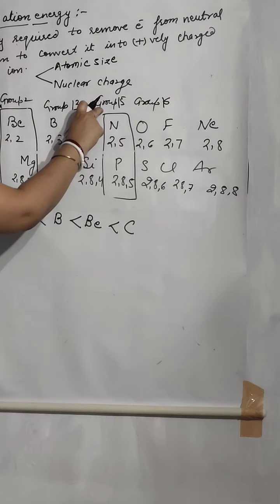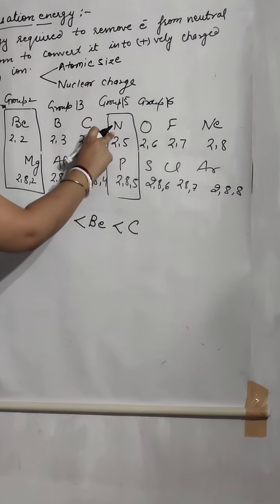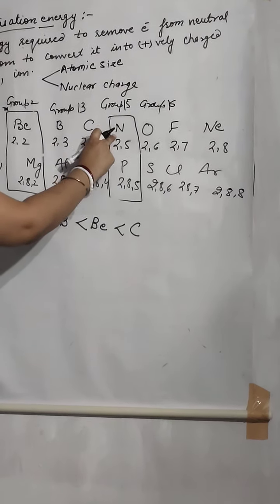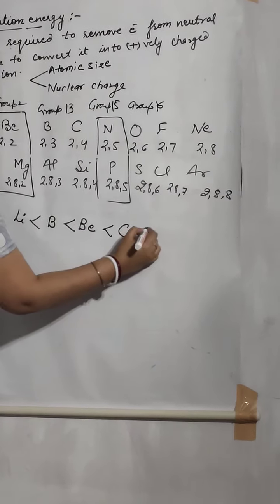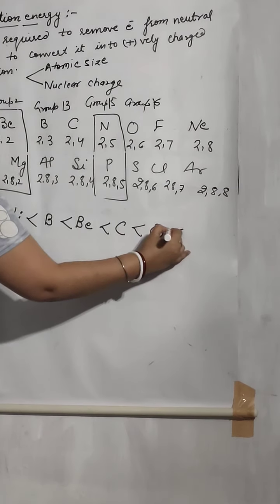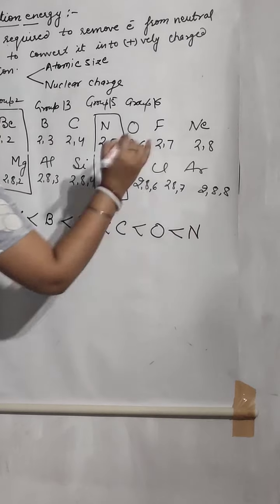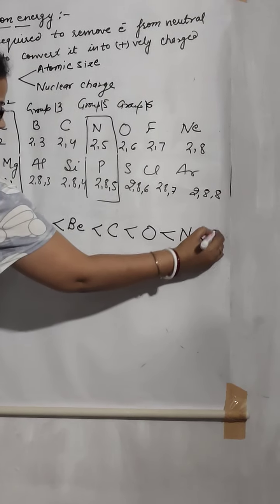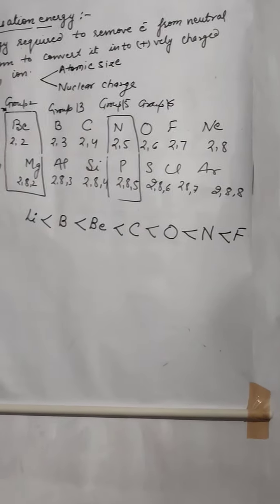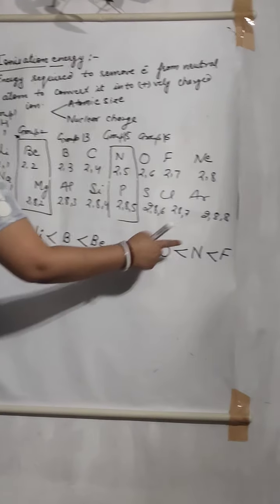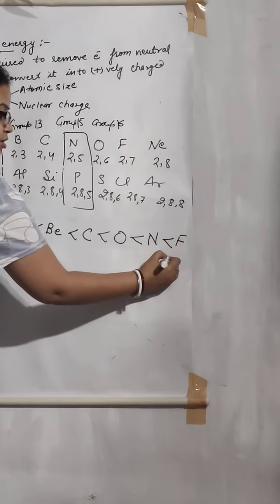Now again, group 15 elements show more ionization potential than group 16. So then we will write oxygen, then nitrogen, and then fluorine. All right. After fluorine, we will write neon.